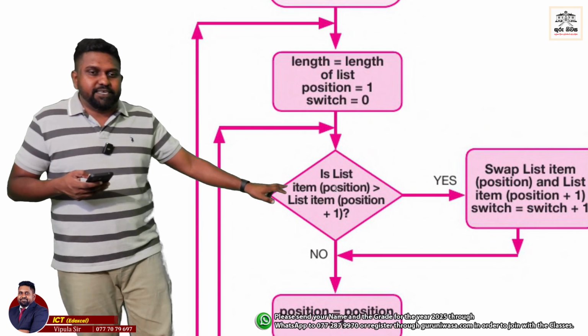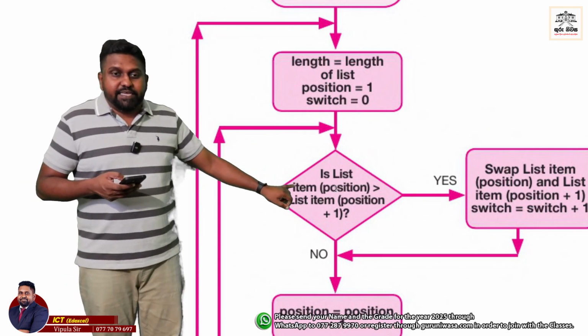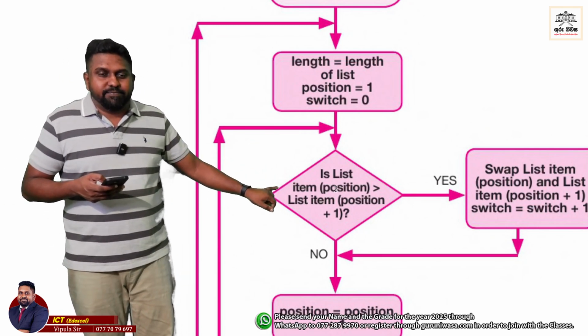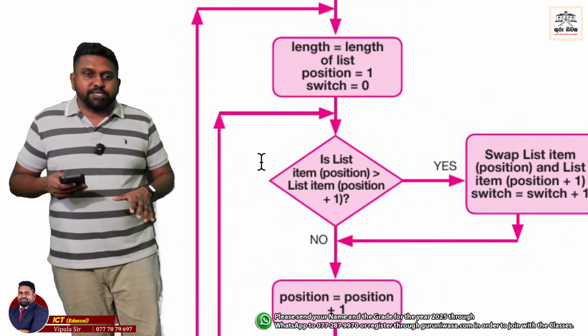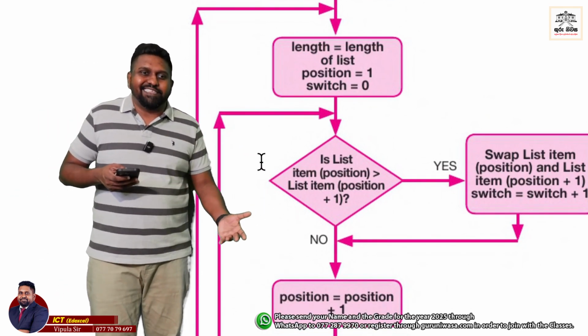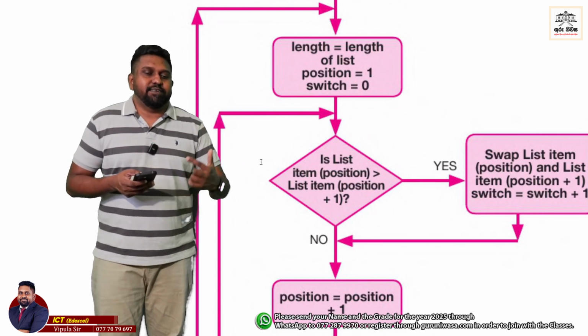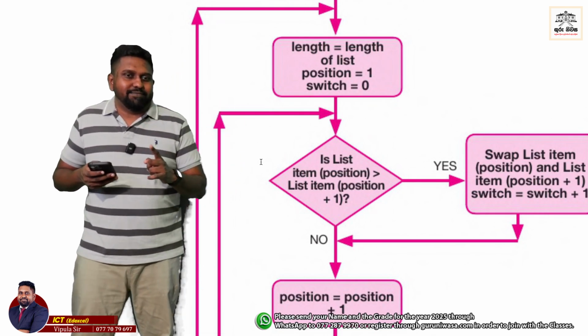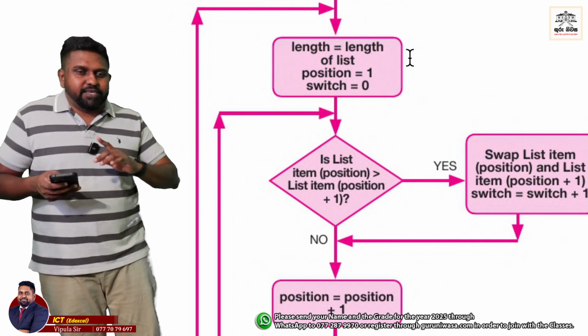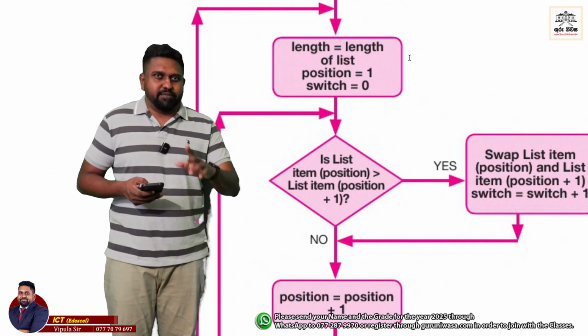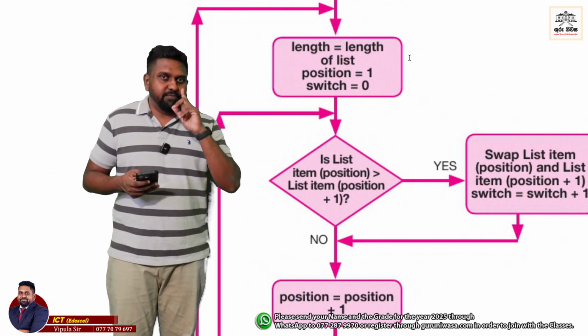Now in this condition, we check if the list item position is greater than the list item position plus 1. The position we got is 1, so that's the current position, starting from position number 1.